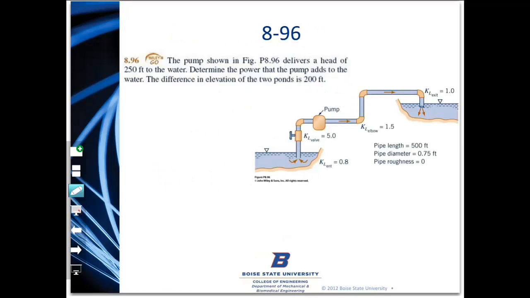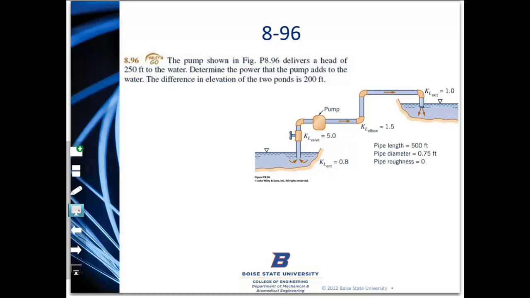Okay, let's look at one last problem in this chapter. Problem 96. The pump shown in this figure delivers a head of 250 feet to the water. Okay, so HP is what you're given. So try to see what you're given in terms of the problem.